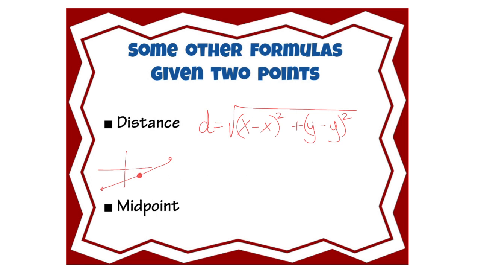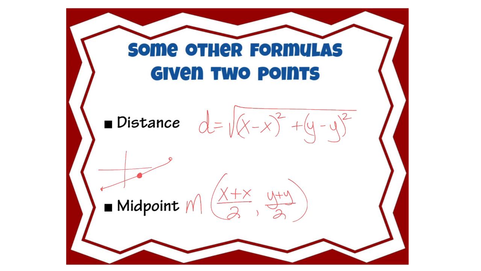So with these two ordered pairs, I'm going to find the average of the x values, which means just add the x's, divide by 2, and then find the average of the y's. Add the y's, divide by 2. This formula people mess up because they like to put a minus sign right here.